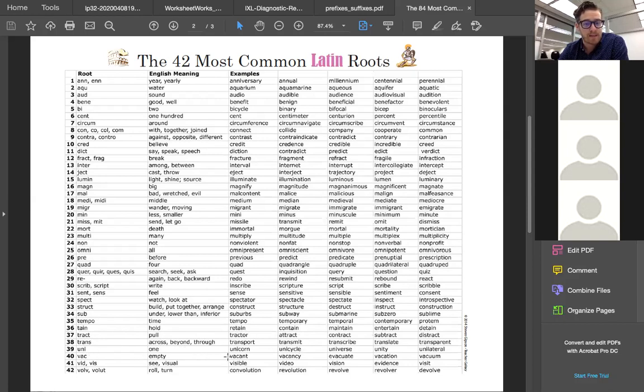VAC means empty, so vacant, vacancy. Vid is usually a visual thing like video, vision, visible. Volve or volute means to roll or turn, so revolve, revolution, to turn over. Revolver does that as well. And devolve, I give you as an example.